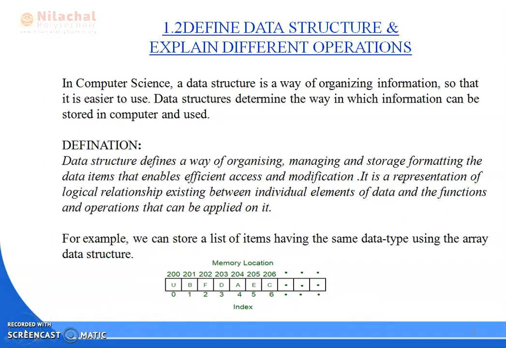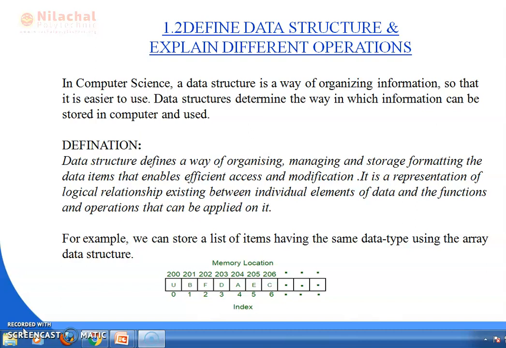Now let's discuss what is a data structure and what are the different operations that can be performed on a data structure. In computer science, a data structure is a way of organizing information so that it is easier to use. Data structures determine the way in which information can be stored in a computer and how it should be used.